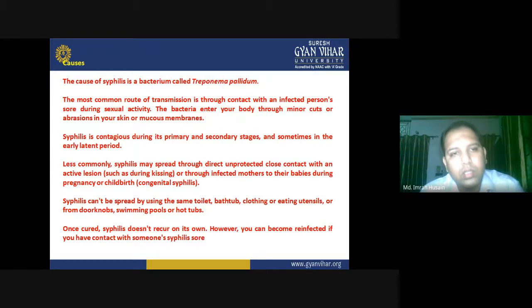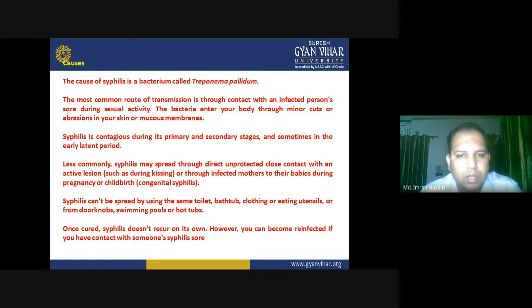Causes. The cause of syphilis is a bacterium called Treponema pallidum. The most common route of transmission is through contact with an infected person's sore during sexual activity. The bacteria enters your body through minor cuts or abrasions in your skin or mucous membrane.